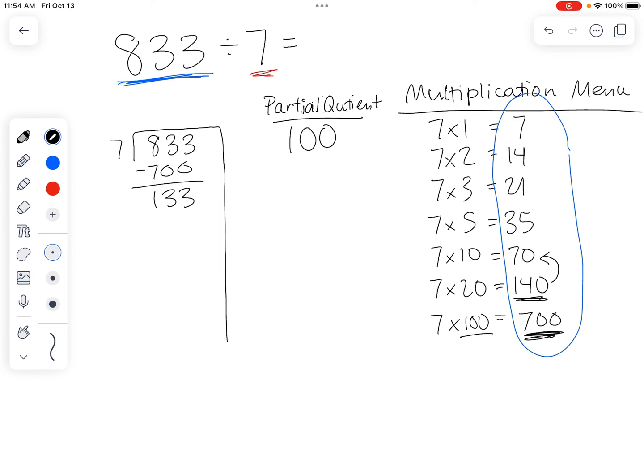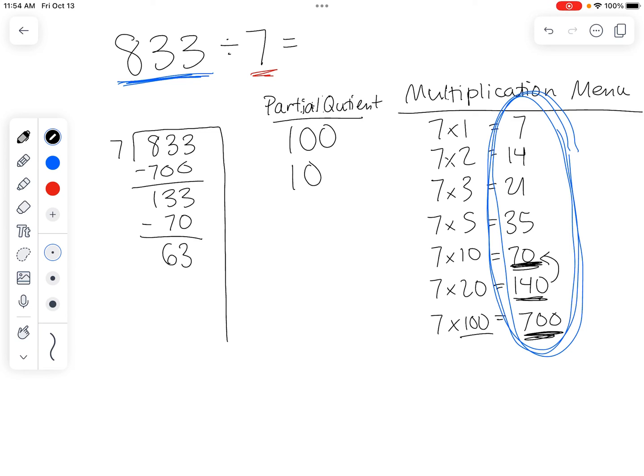If I look over here again at my multiplication menu, which number is going to get me closest to 133? It'll be 70, right here. 10 groups of 7. So I know that 10 is going to be a partial quotient. And that's going to get me 70 closer to 833.